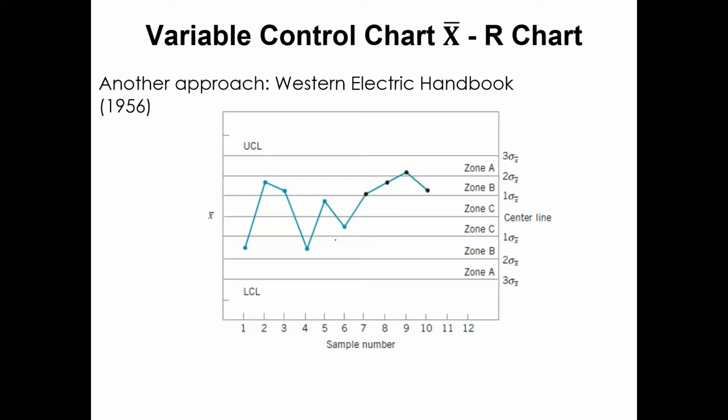So what's the fundamental concept of the Western Electric Handbook? It splits the area between the center line and the control limit.